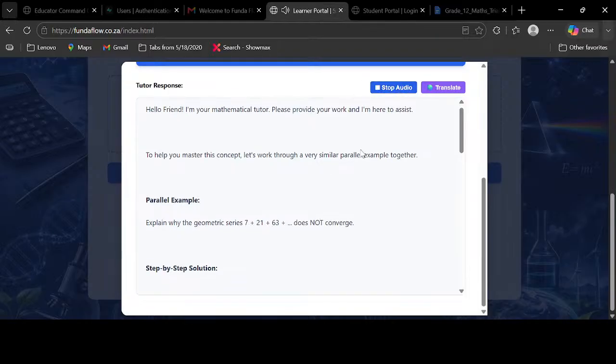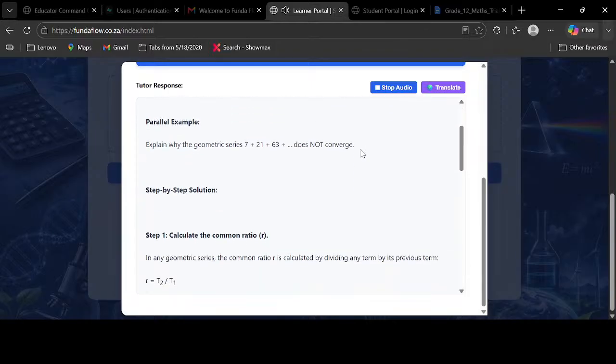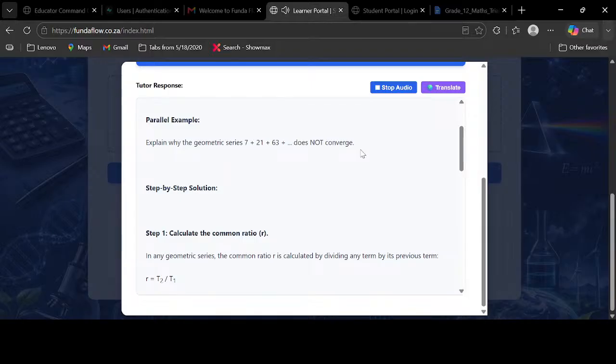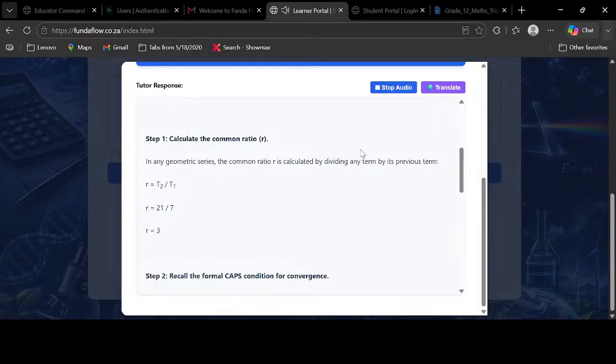Hello friend. I'm your mathematical tutor. Please provide your work and I'm here to assist. To help you master this concept, let's work through a very similar parallel example together. Parallel example: explain why the geometric series 7 plus 21 plus 63 plus so on does not converge. Step-by-step solution. Step 1: calculate the common ratio, r.